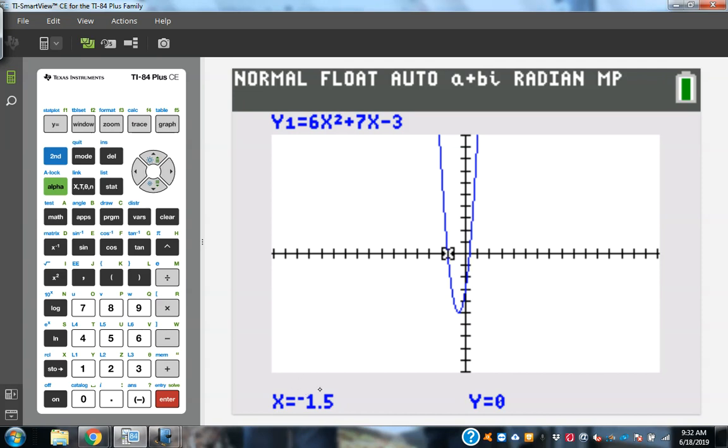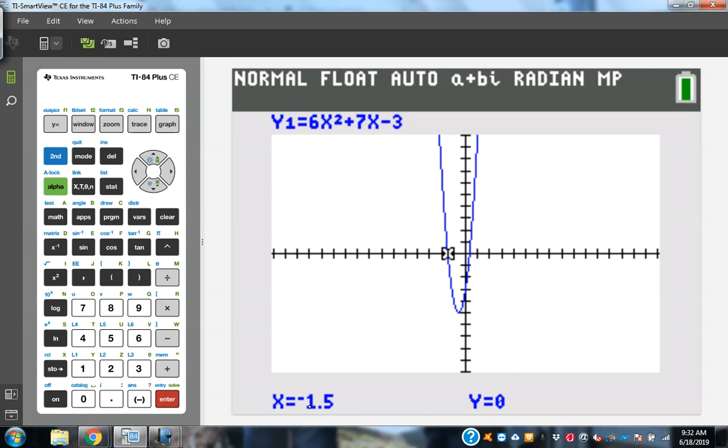It shows 1.5. It'll go ahead and convert your x value into a decimal, but it won't round it if it continues. I always leave them as fractions when I'm writing the answers on paper, because if it's like 2/3, it's going to be 0.6 repeating. And if you ever round that, it's not going to work out to be perfect. So don't change your fraction answers to decimals when you type them in.